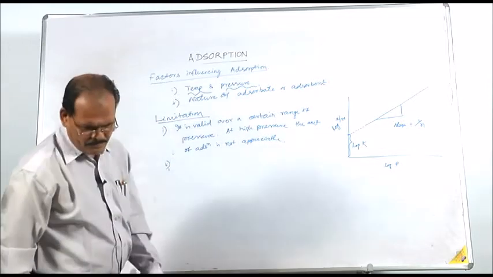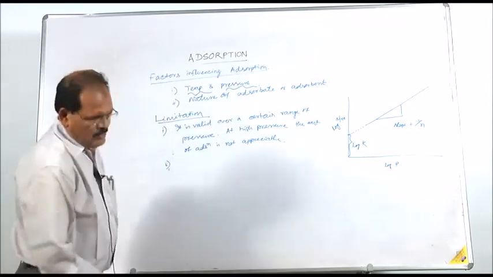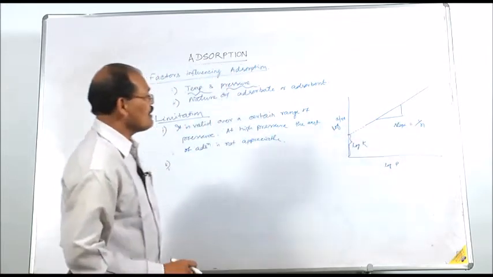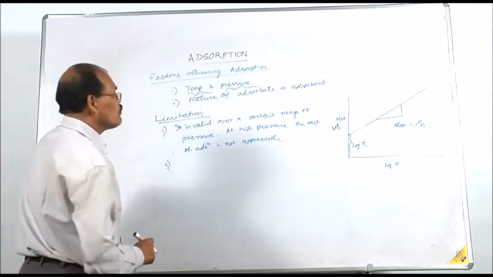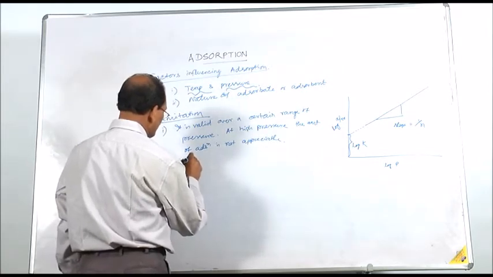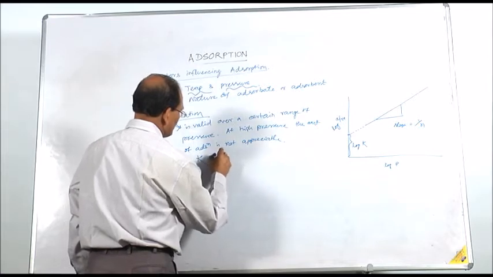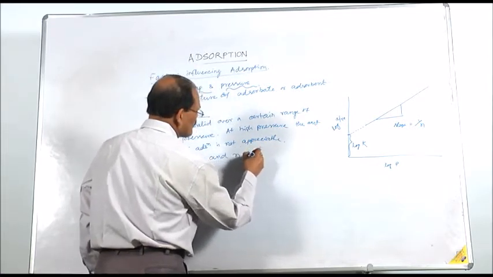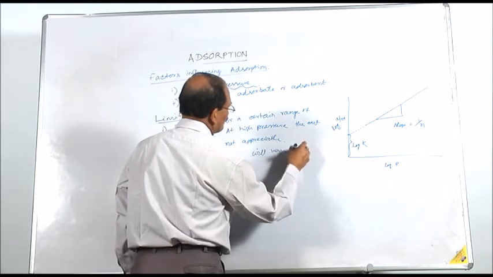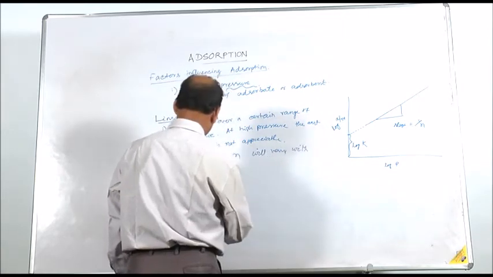Second point, the values of k and n both vary with increasing temperature. The proportionality constant k and n will vary with increase in temperature.